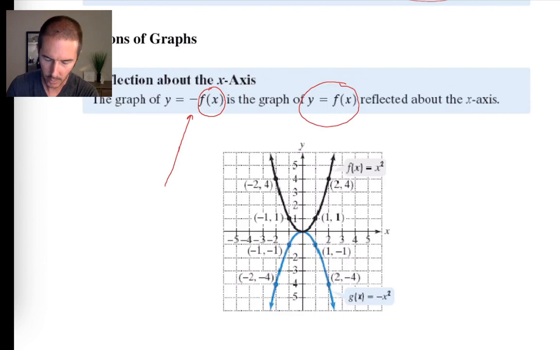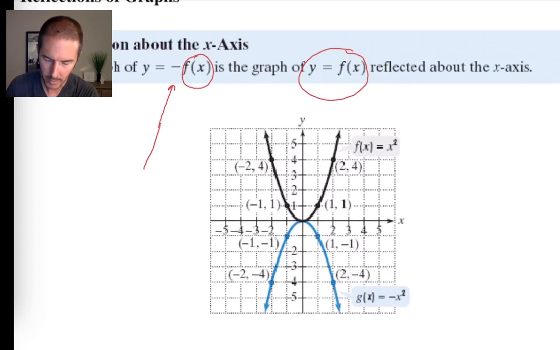So you can see on our graph where we have here in the top left, in the second quadrant, we have a y value of positive 4. That corresponds to this point down here that has a y coordinate of negative 4. If our original graph had a point below the x-axis, its reflection about the x-axis would have resulted in that point appearing above the x-axis.